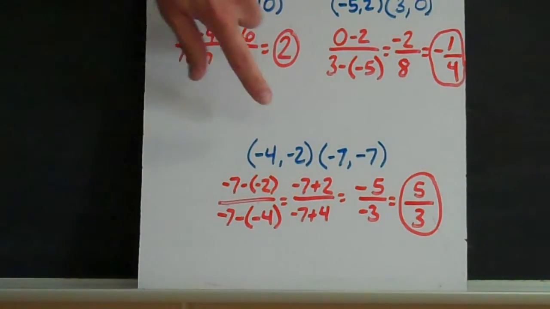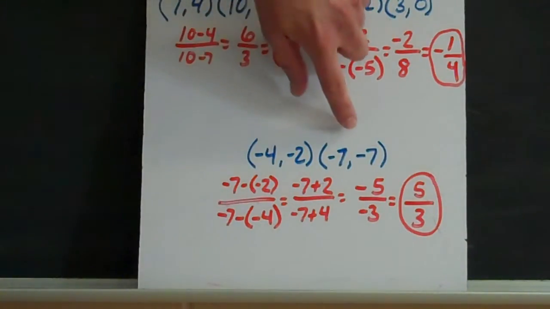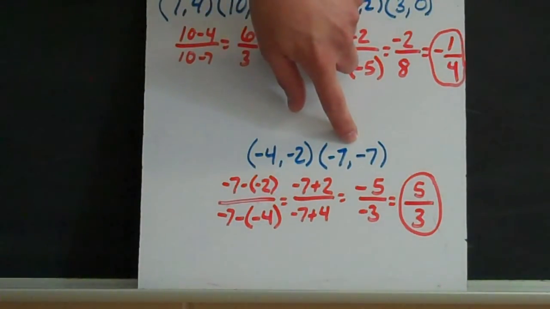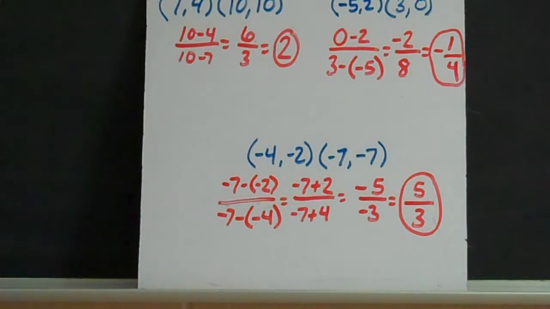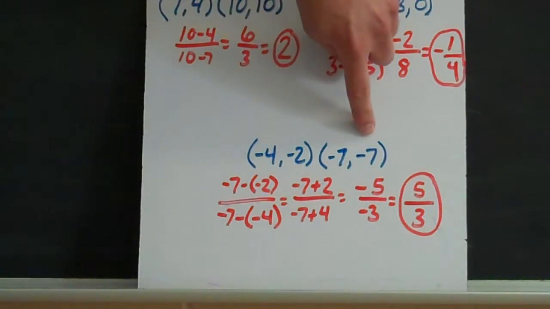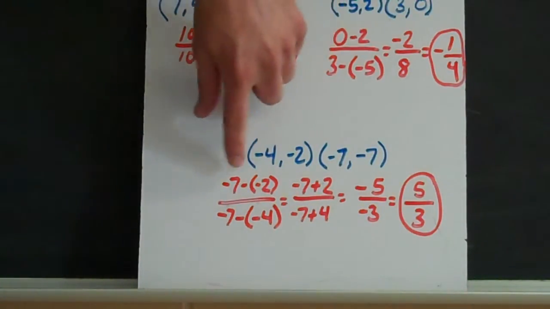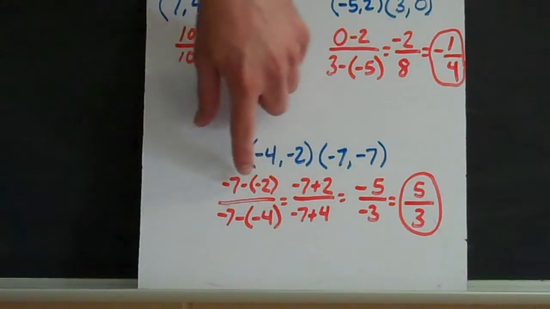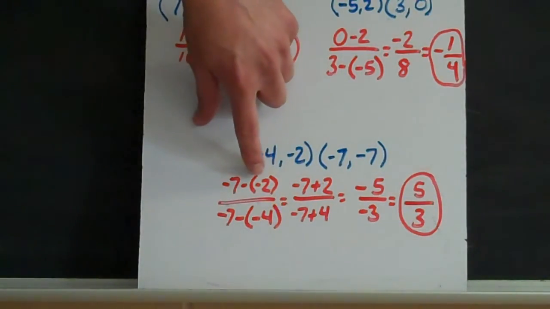And finally, we have the points (-4, -2) and (-7, -7). On top, we subtract our y values. Negative 7 minus negative 2 becomes negative 7 plus 2 when we distribute the negative sign.